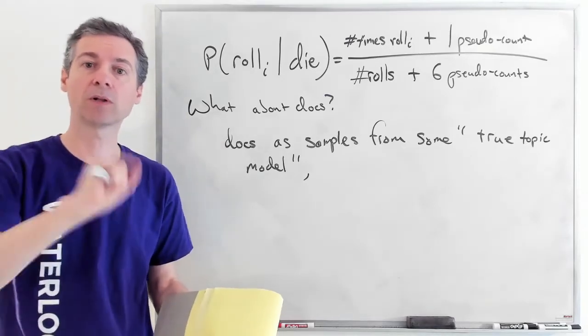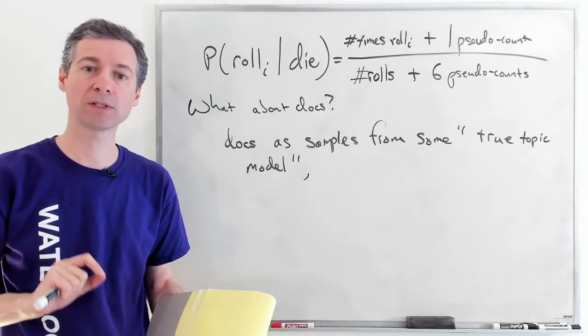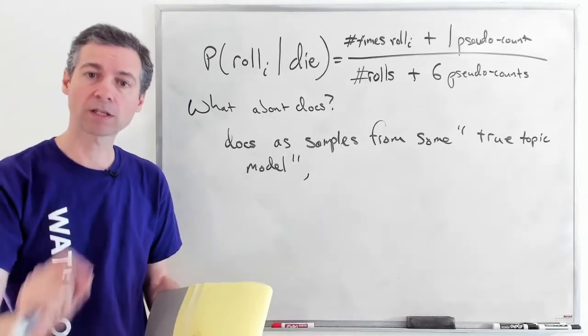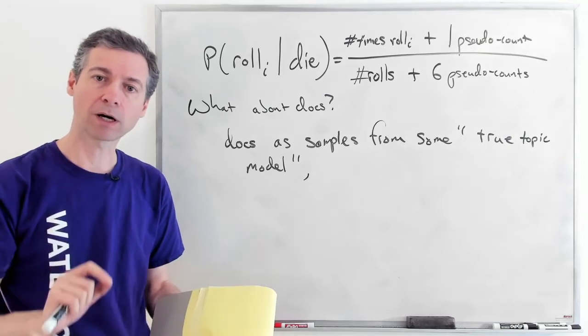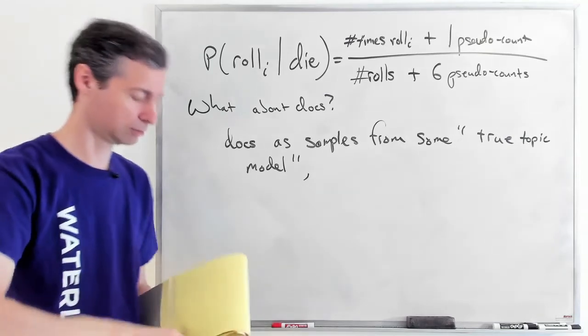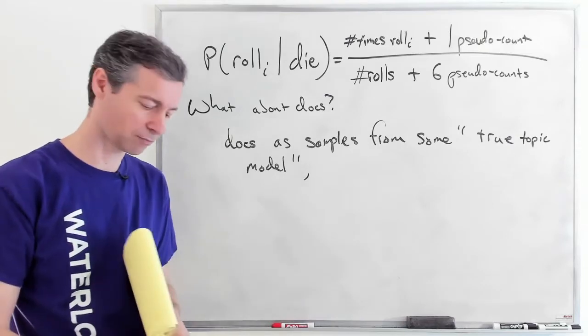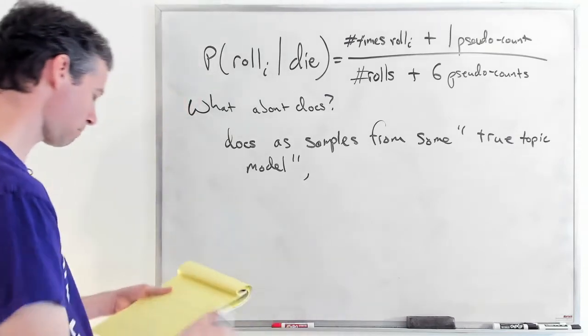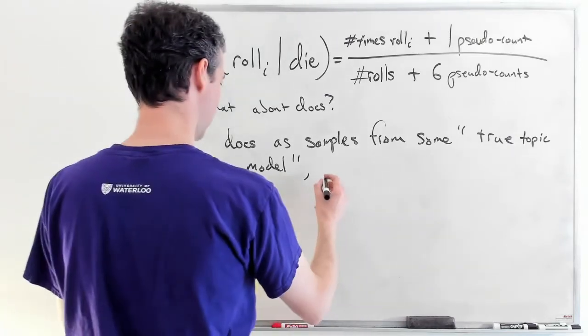And we will no longer have any zero probabilities. The longer the document is, the better our estimates will be. All right, so we do the same thing for documents then.